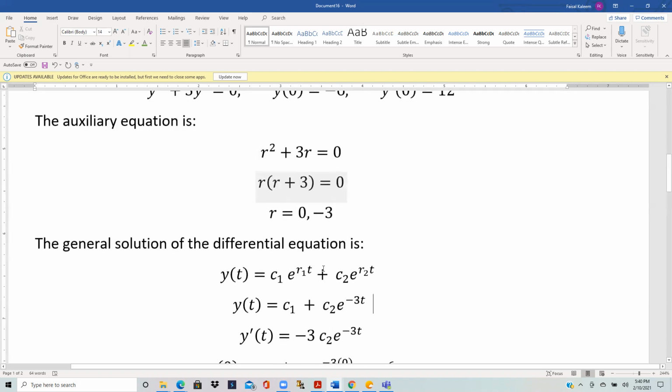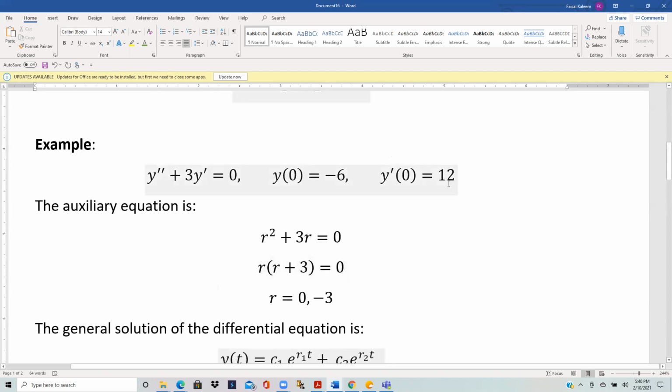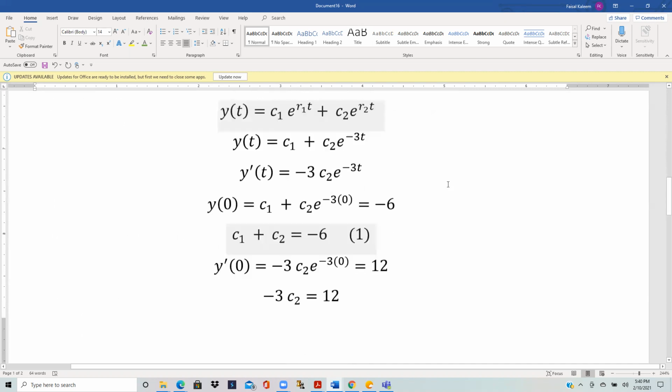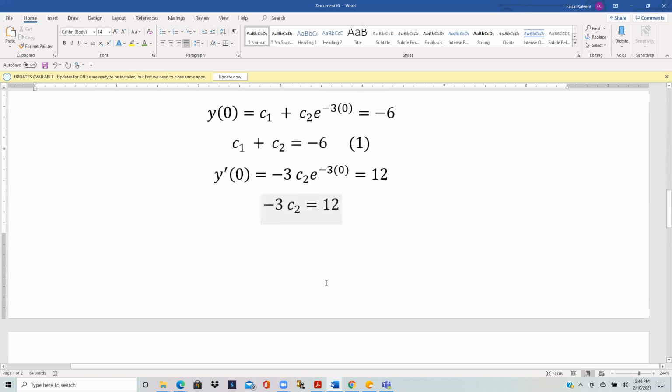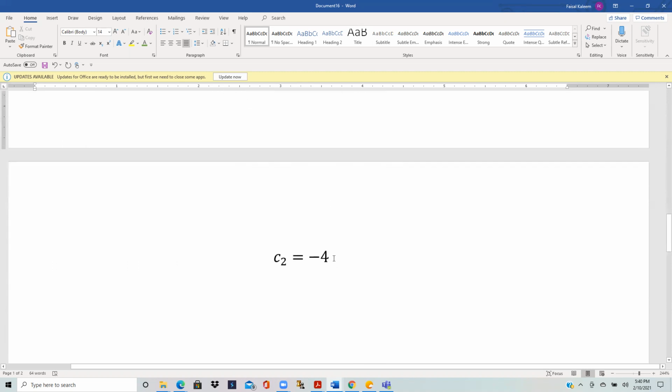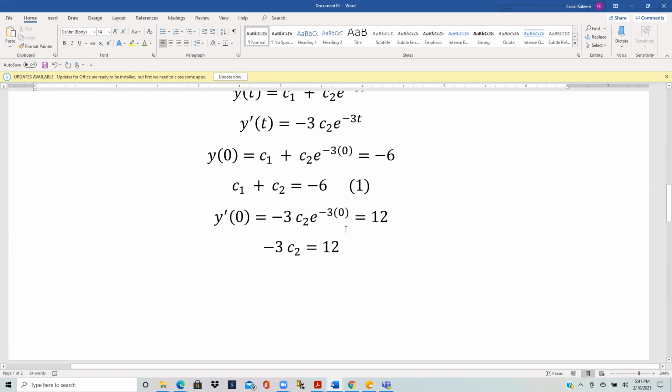And the second condition was y prime of 0 equals 12. So substitute 0 in the y prime. So y prime of 0 equals negative 3c2 e power negative 3 times 0, that's equal to 12. So this simplifies to negative 3c2 equals 12. So this gives us c2 equals negative 4. And then we can substitute the value of C2 in this first equation.